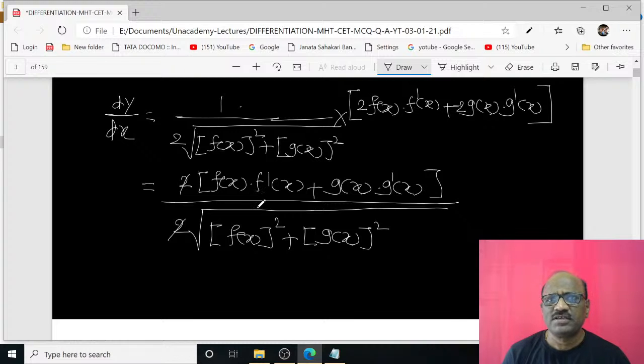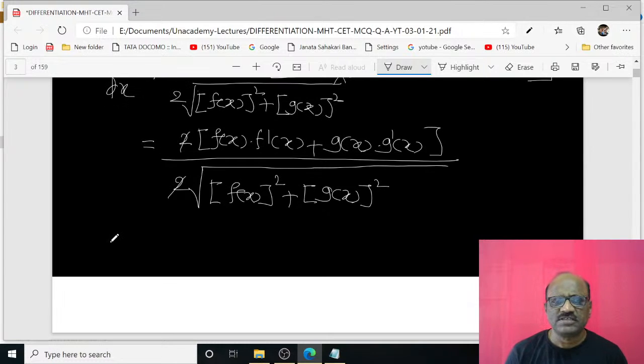Now we'll find the value of dy by dx at x is equal to 1. What is here?